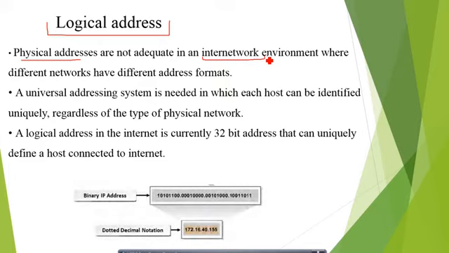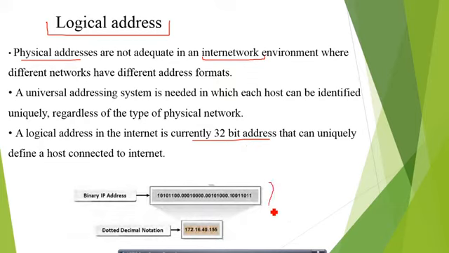If you have two different networks, both connected through internet, and you need to communicate outside the network, in that case physical address is not sufficient. Physical address is used to communicate within a local area network. So for inter-network communication we require the logical address.